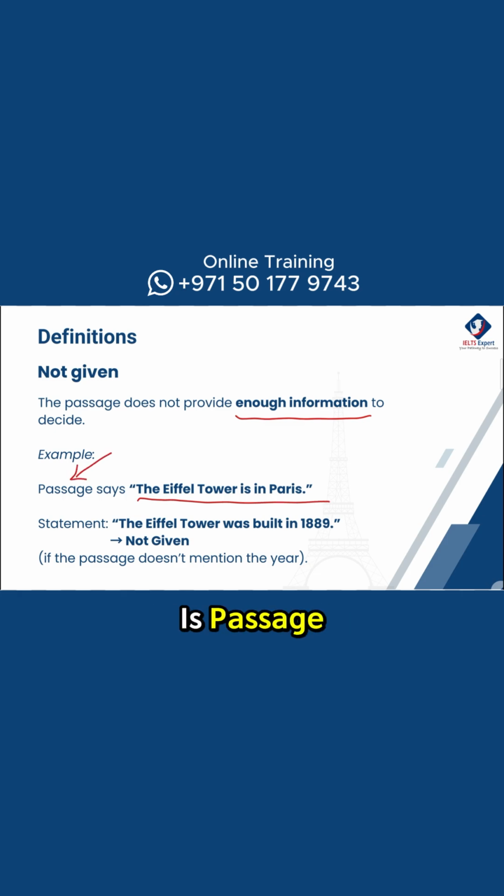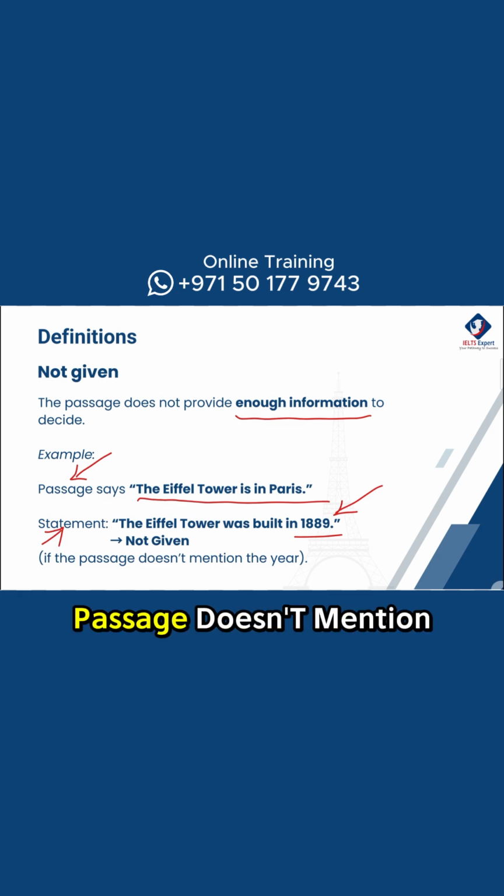Look at this passage, and the statement mentions the Eiffel Tower was built in 1889. So you can see there is no information about the time that the Eiffel Tower was built in, right? So there is no information. They are not talking about the time that the Eiffel Tower was built in.